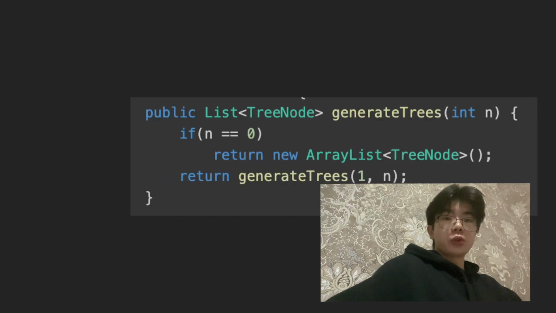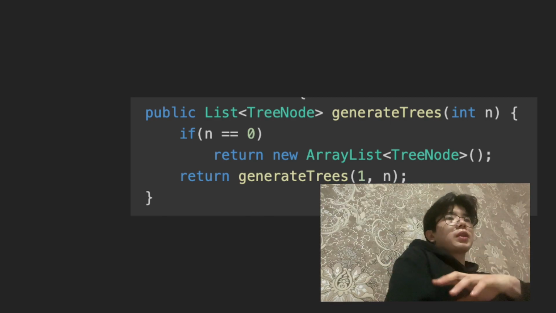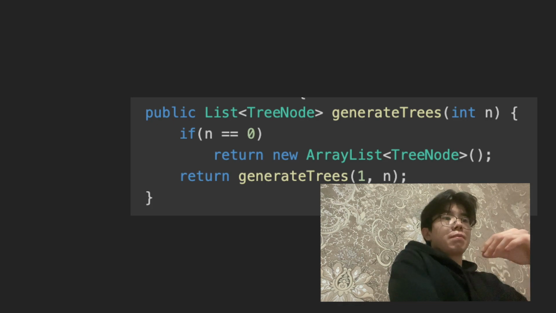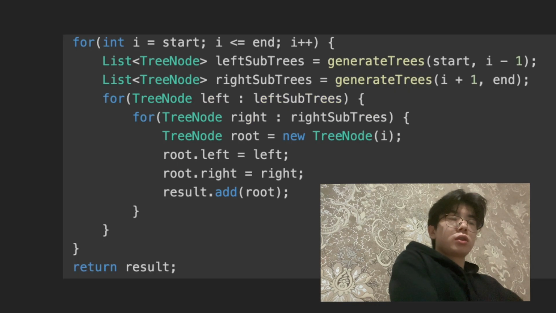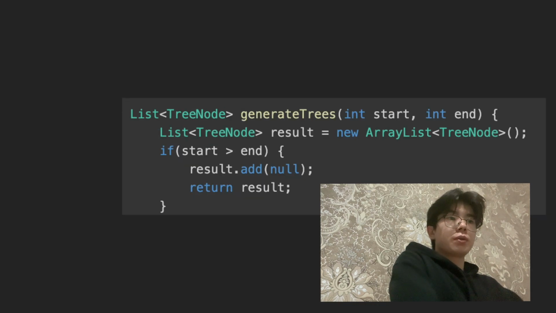So let me show you our code. Firstly, we will create a tree node function, generate trees, and it will look like this. In its first part, we will check if our start is more than end.